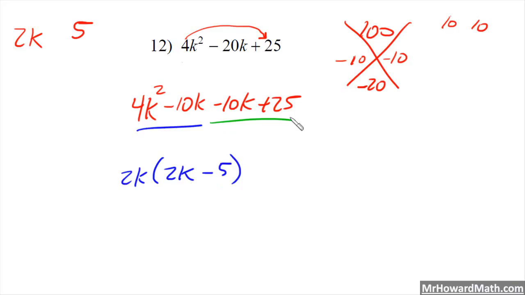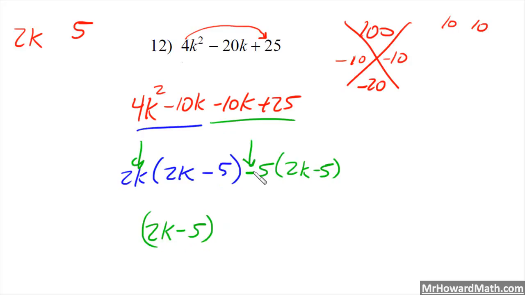Group these two. Greatest common factor there would be a negative 5. Take that out, you're left with a 2k subtract 5. So put those together. 2k subtract 5, that's these two together. And then the matching parentheses gets written once. So that would be also 2k minus 5.